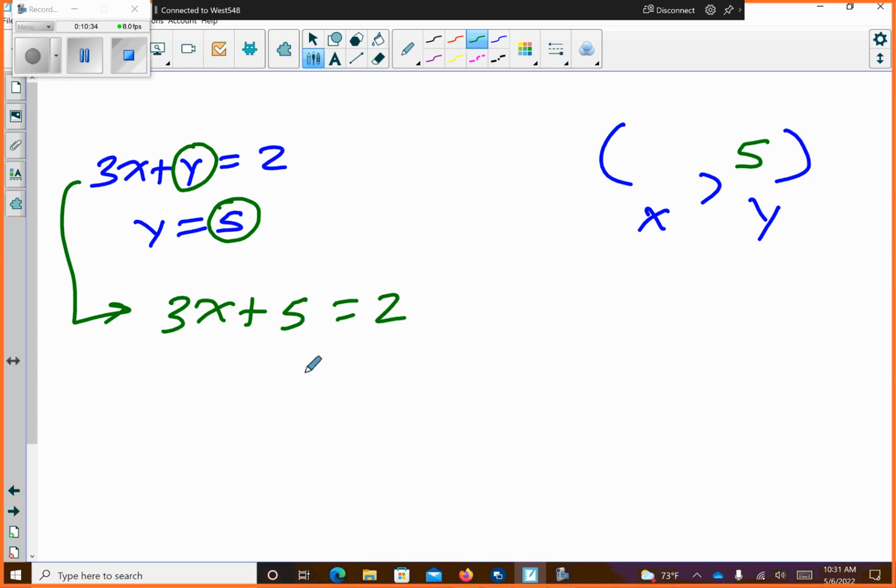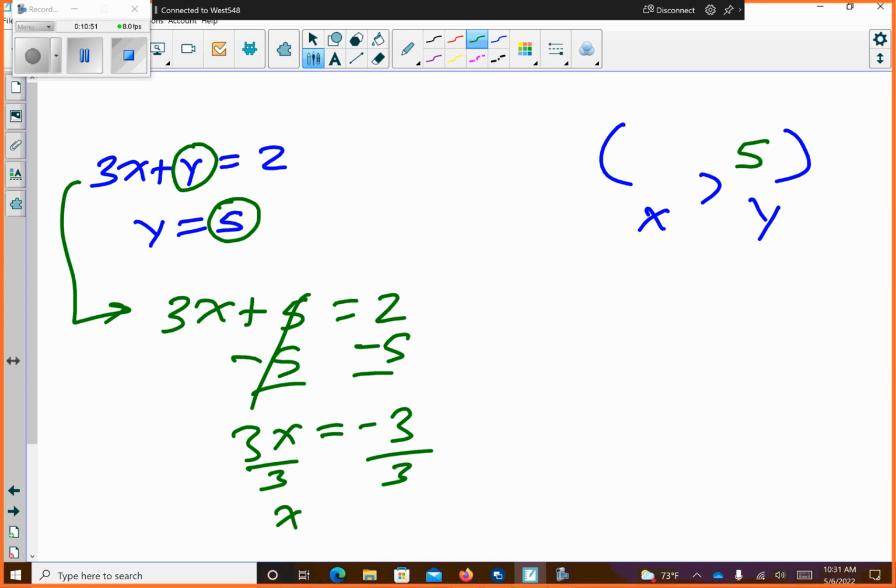What should I do to that green to solve it? Subtract 5. Very good. Those cancel, so I get 3x is equal to -3. Last step, divide each side by 3. Good. So -3 over 3 is -1.